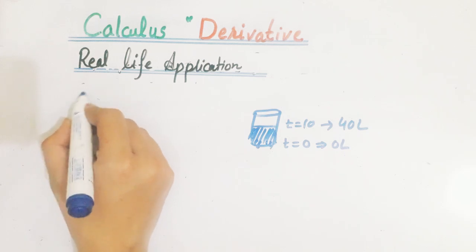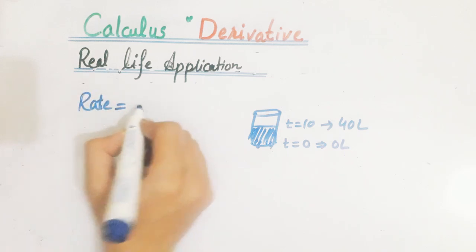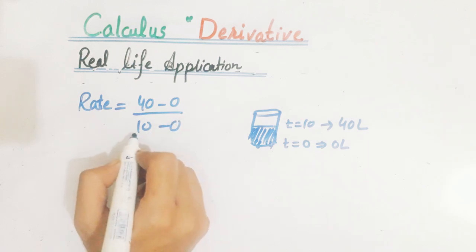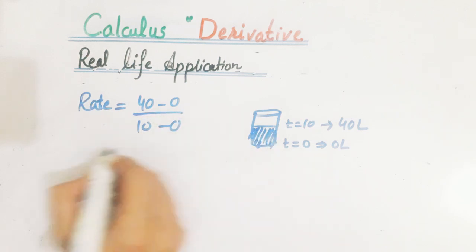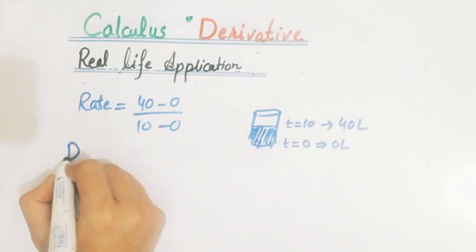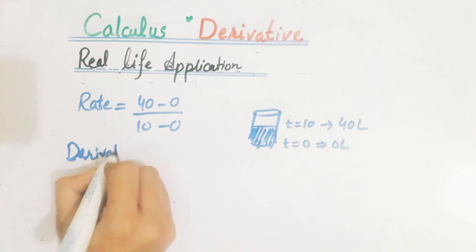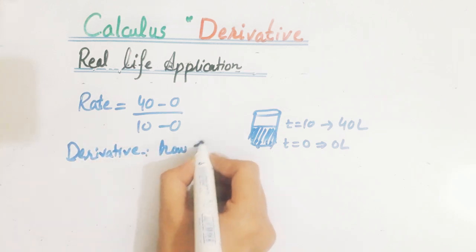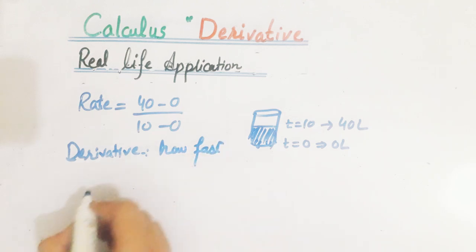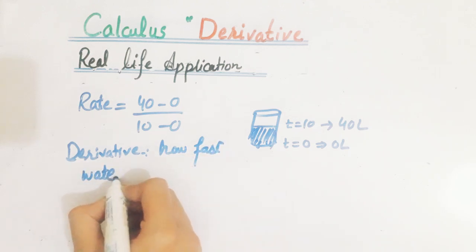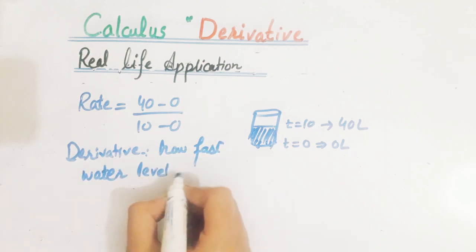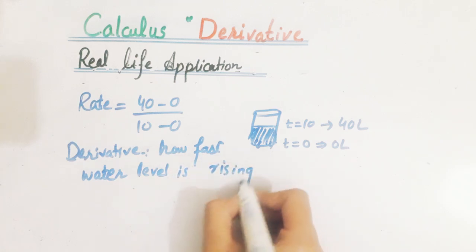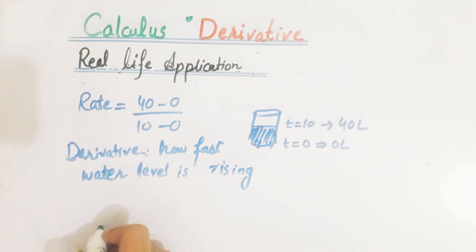So the rate will be 40 minus 0 over 10 minus 0. How fast is the water level rising? So you will say that the derivative is how fast the water level is rising. So this is called the derivative.